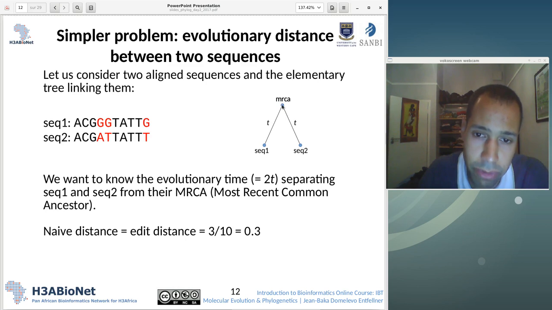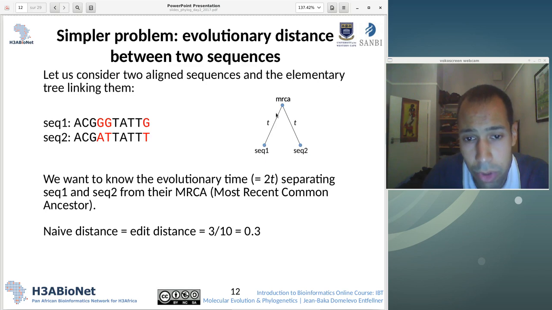The distance between this point and this point is equal to the distance between this point and this point, so it's sound to say we have the same t here and there. Now the evolutionary time separating the two sequences is 2 times t, because it is the length of the path connecting sequence 1 and sequence 2, and this length is 2 times t.